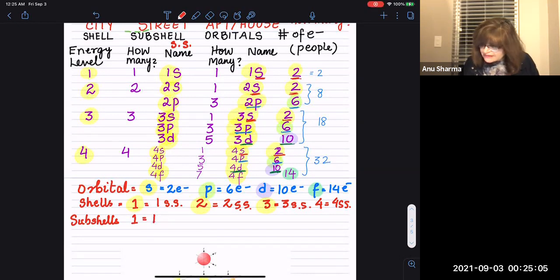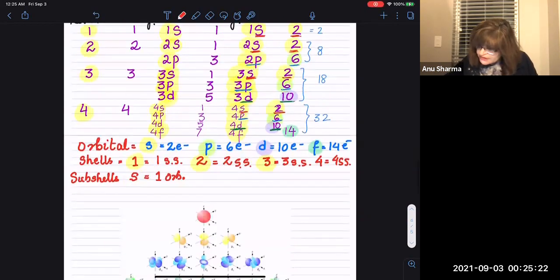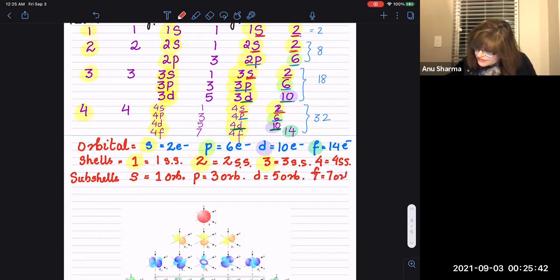So in other words, if anything is s, it will contain 1 orbital. An orbital, I'm putting it as ORB. Okay. P subshell contains 3 orbitals. D subshell contains 5 orbitals, and f subshell contains 7 orbitals. Okay, 7 orbitals. So this is a very important piece right here.